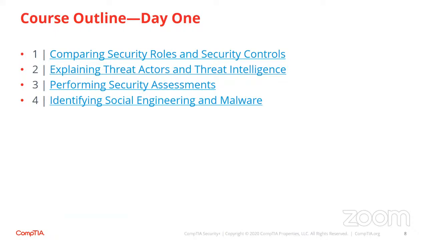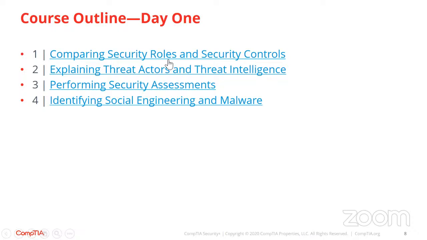All right, so I explained earlier on that the course is designed or categorized into 5 modules. Those modules are in days. So for the first module, which is day 1, the topics have to do with comparing security roles and security controls.